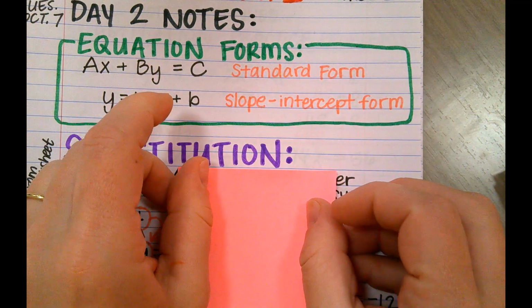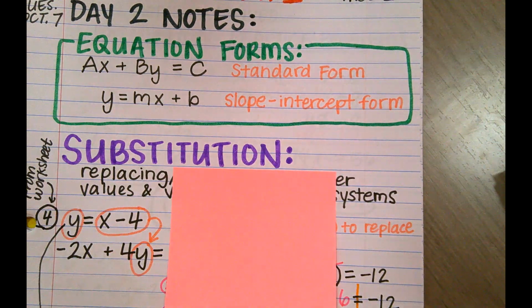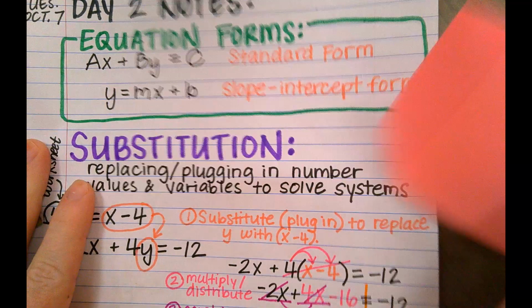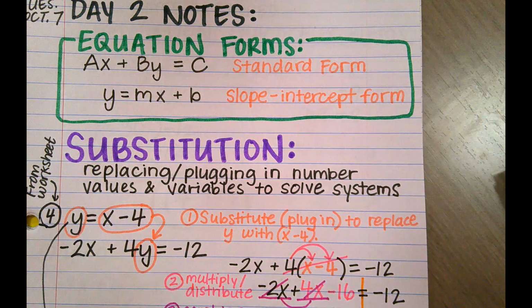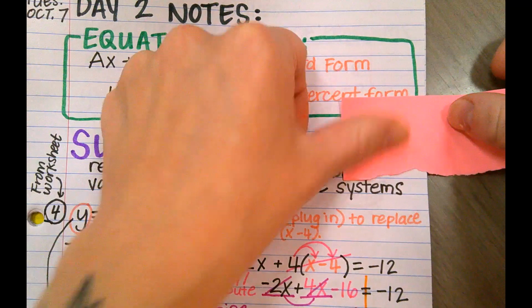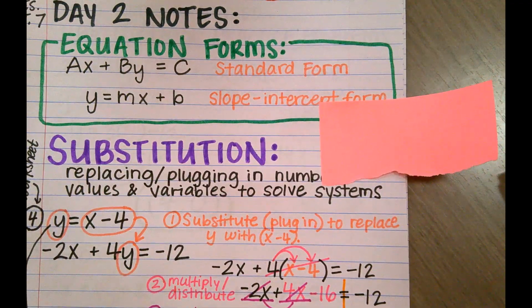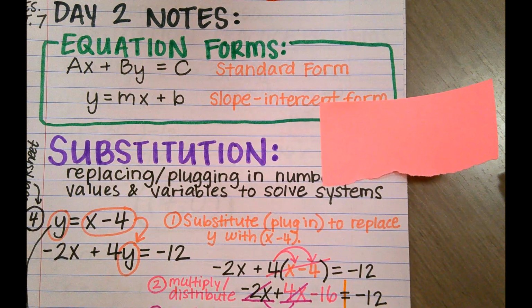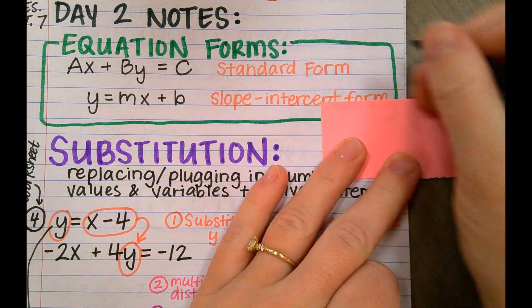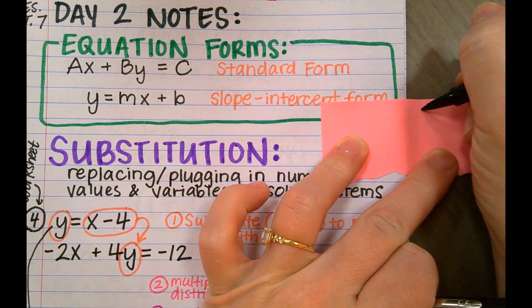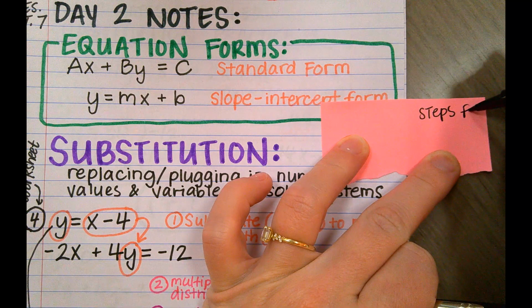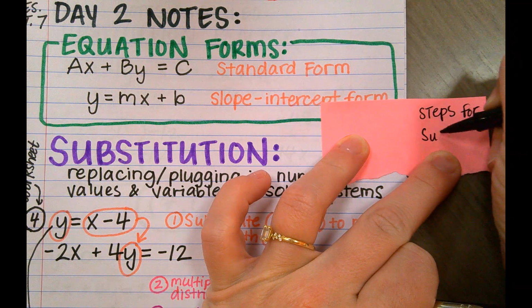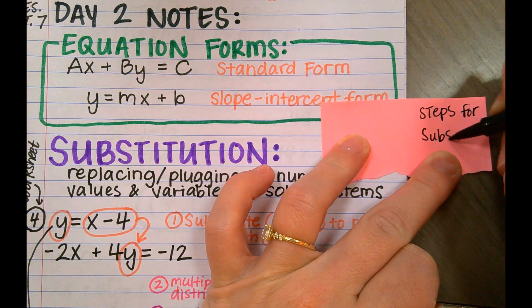First of all, actually, before I do that, I'm going to rip one of my sticky notes in half. And I'm going to use this as a bookmark because I've noticed we flip back to this page quite a few times today. And so I'm going to write here steps for substitution. That way I know I can always flip back to it.